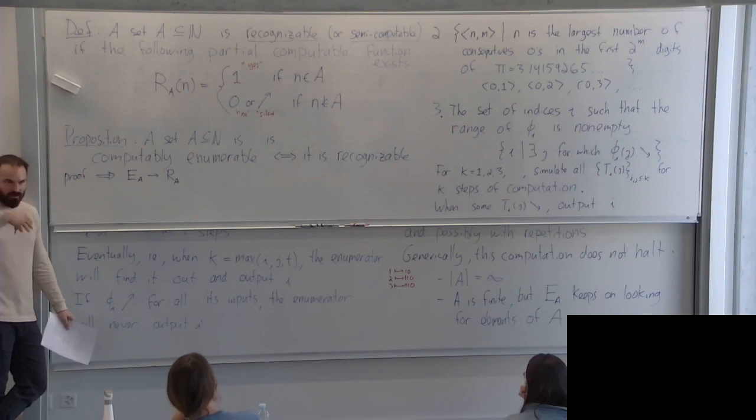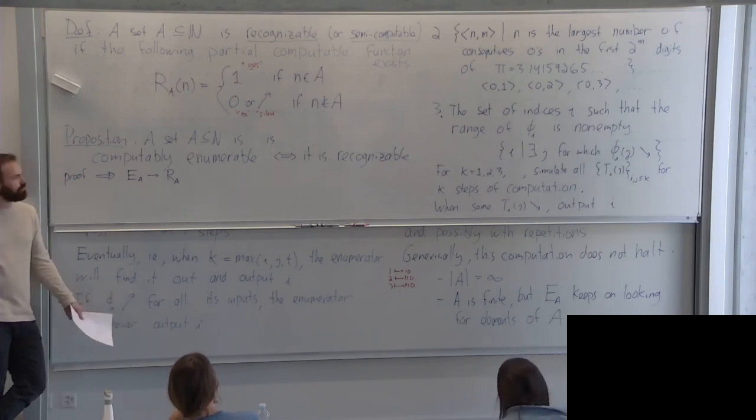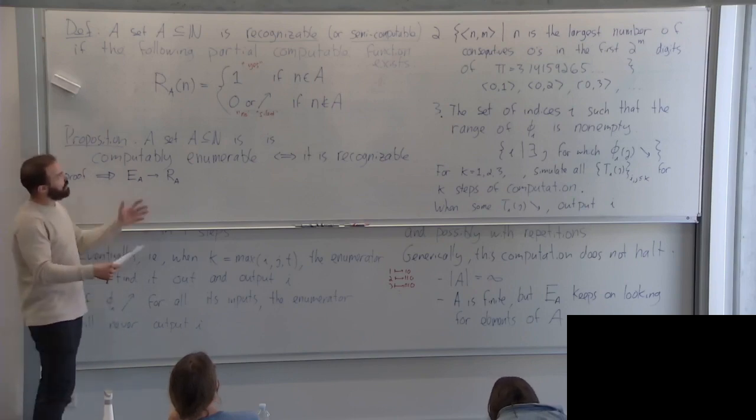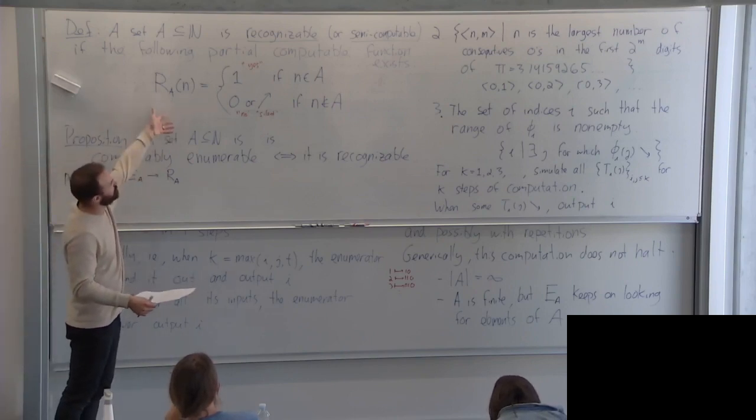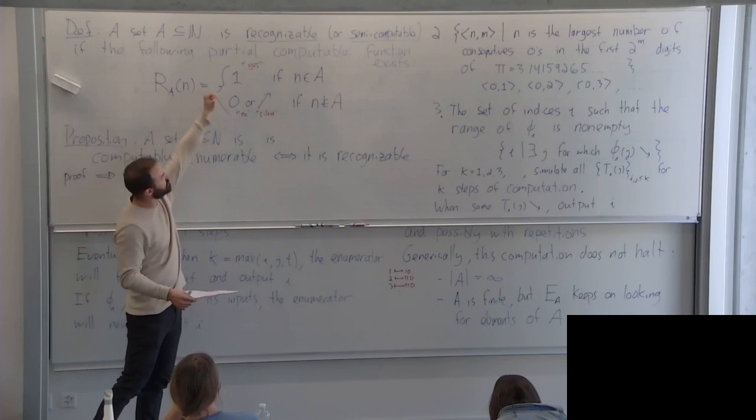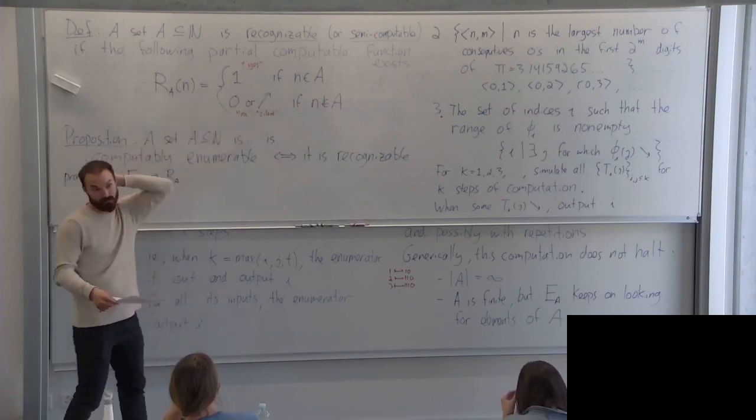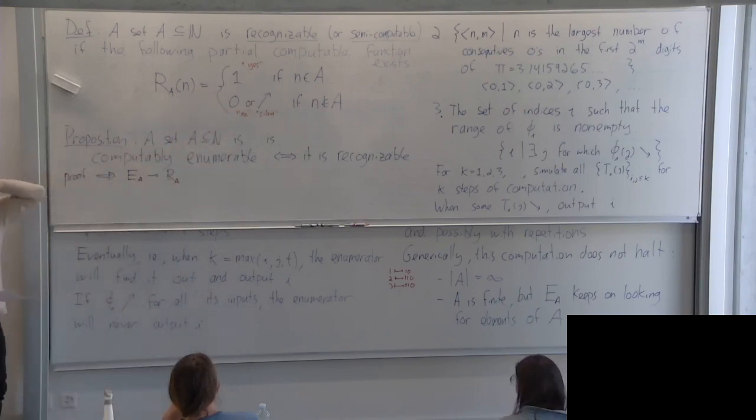We can enumerate all elements of A, one by one in no order, sometimes with repetition. And I want to build an algorithm, a partial computable function, which says yes when it's in A, and it might loop forever when it's not in A. How can I do that?